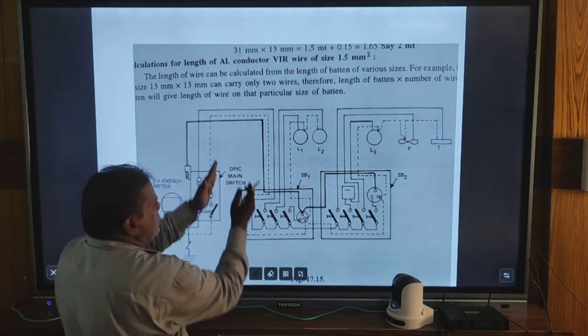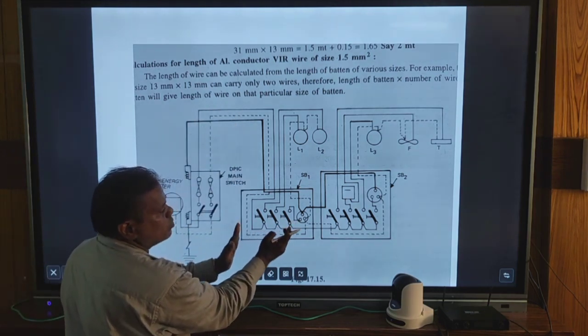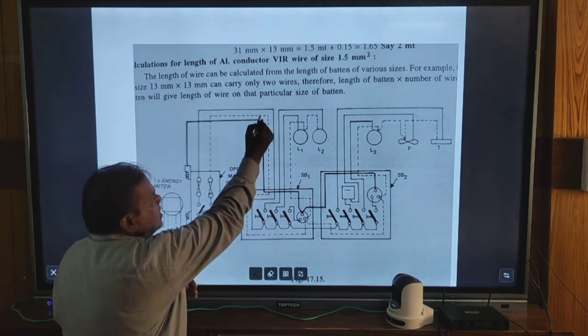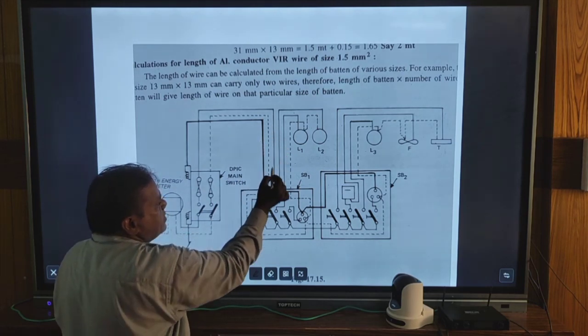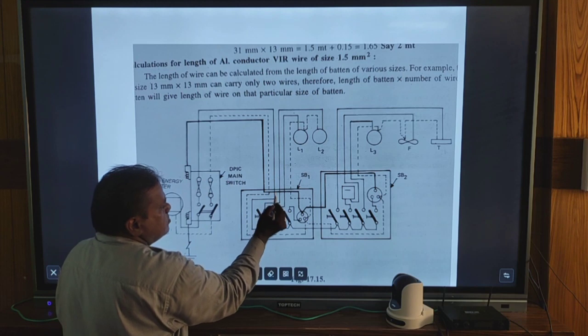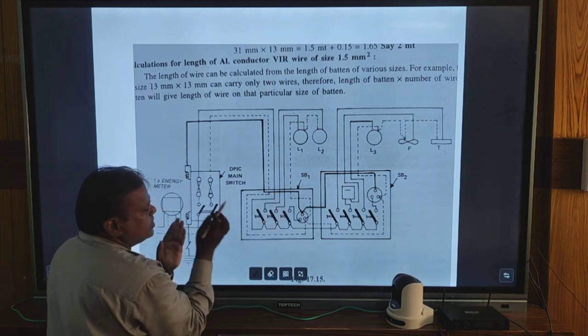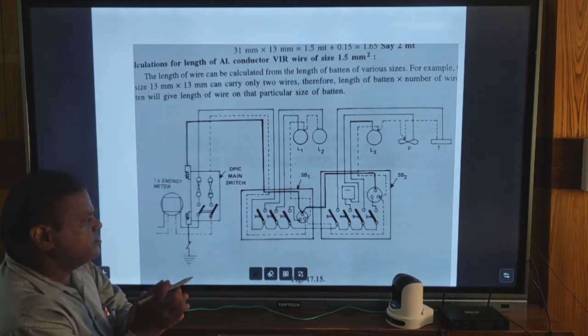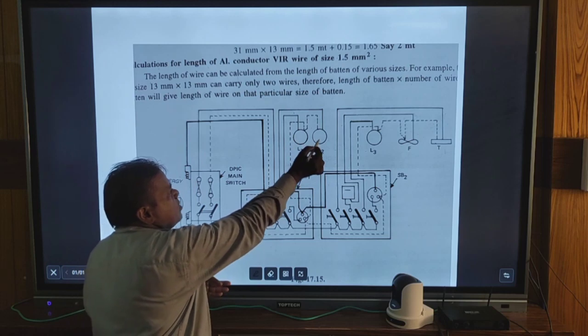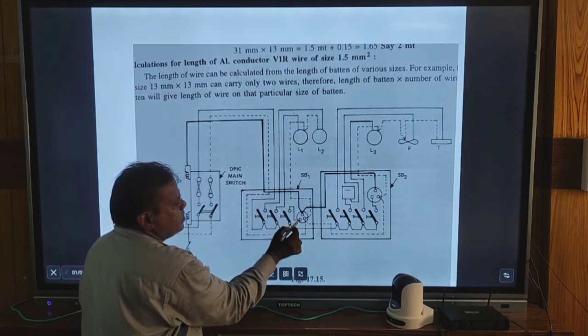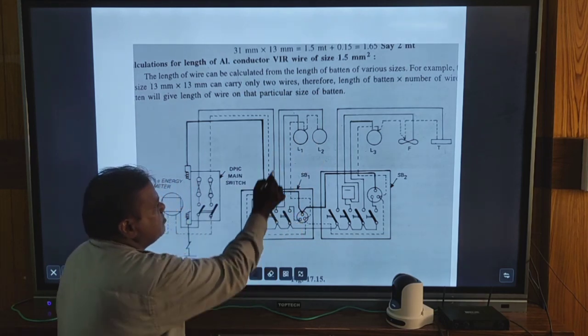Then from the main switch it is coming to the first main switchboard. In the first main switchboard, the dotted line is the earth wire and the bold line is the phase wire. So all the switches are connected with the phase to the load circuit L1 and L2, and all the socket points are earthed by the dotted lines.